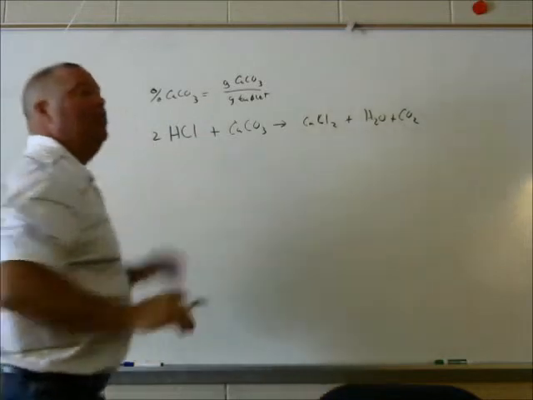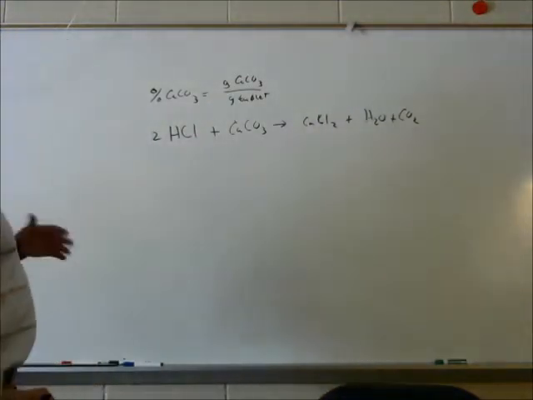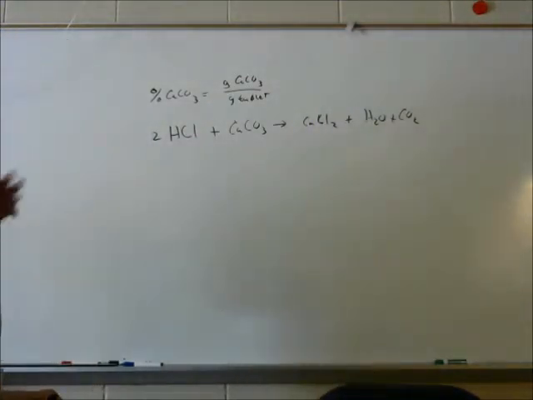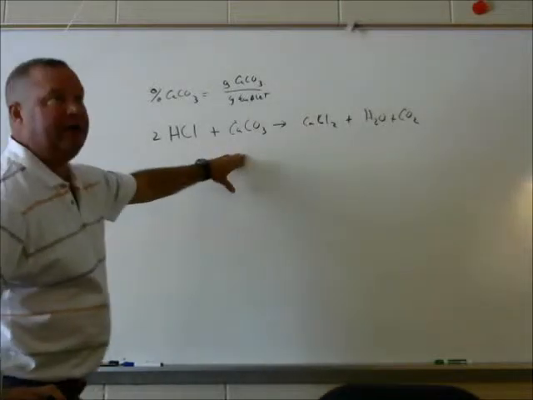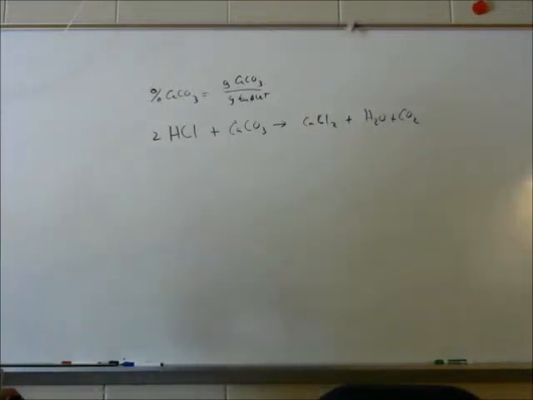Which is why when you take an antacid, if you have stomach acid or an upset stomach, it causes you to belch and burp that carbon dioxide. It helps relieve it. It's just the excess acid being used up. So we have 2 HCl's for 1 calcium carbonate, which is our big important thing we need to realize there.